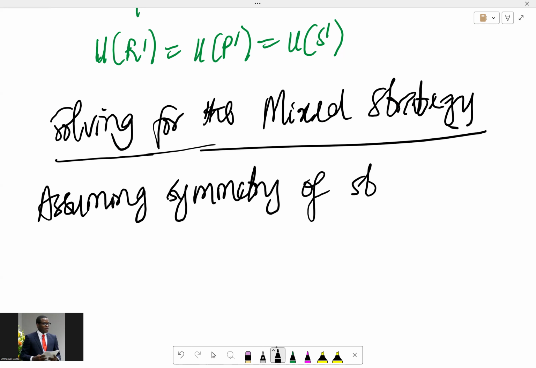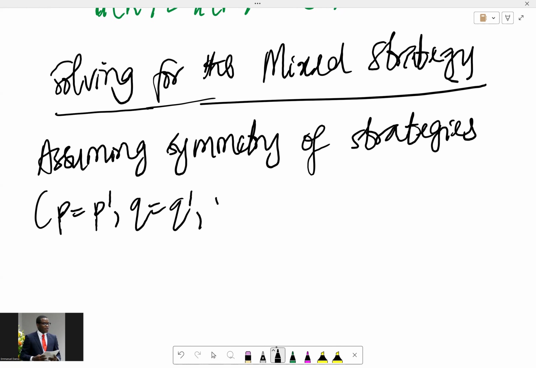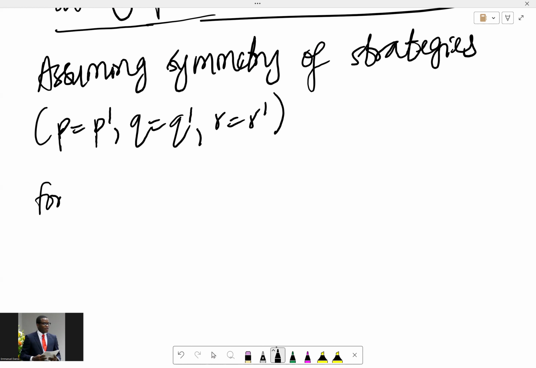If you assume symmetry of strategies, because all the same strategies are available to both players, that simply means that probability P is equal to P prime, probability Q is equal to Q prime, and probability R is also equal to R prime. Okay, so nobody has an undue advantage over the other person. So in that case, we now go ahead to talk about the indifference conditions. So for indifference conditions, okay, should I list that?